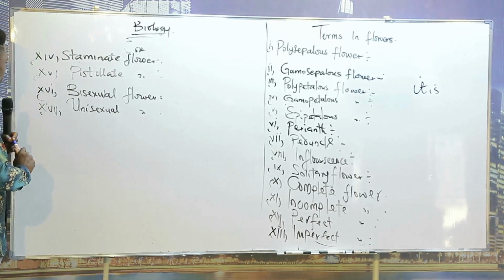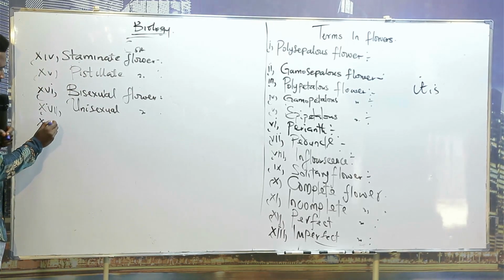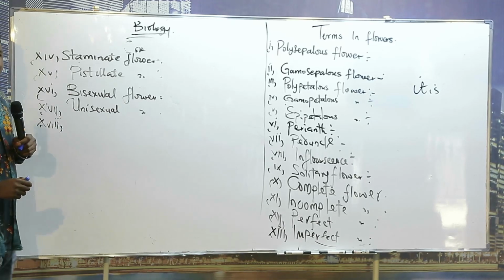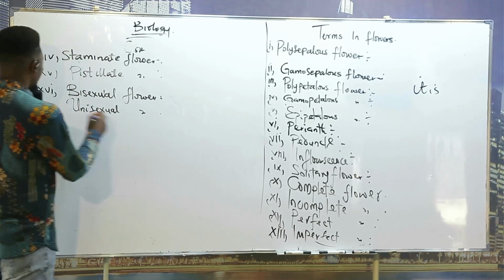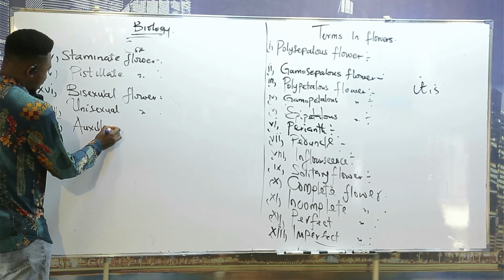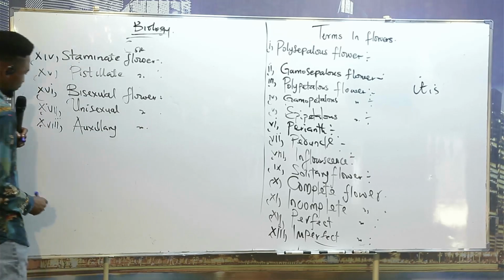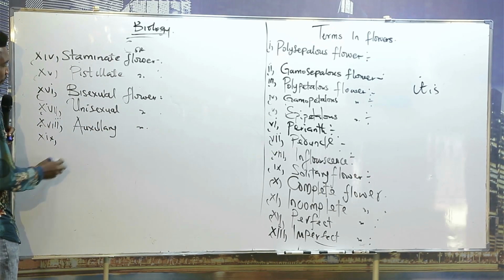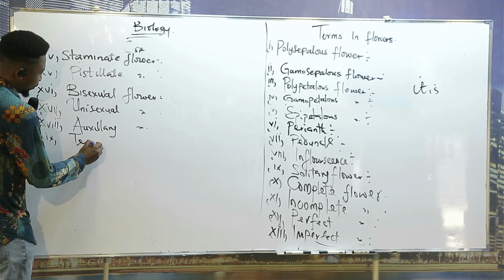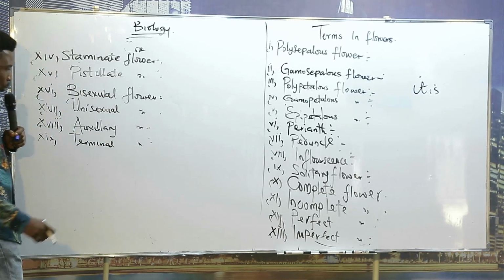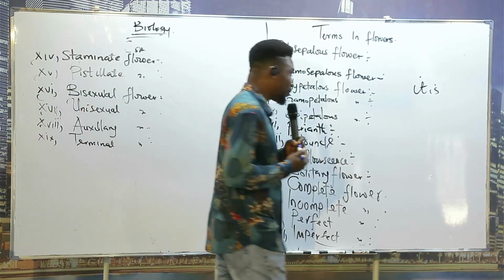Okay, so if you look at 18, we talk about the axillary flower. Axillary flower. We're still going to look at 19, which is terminal flower. Terminal flower. So, what is an axillary flower?